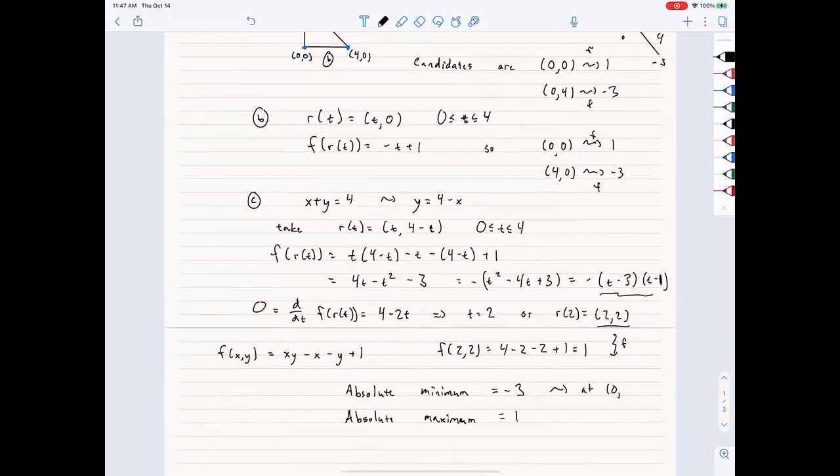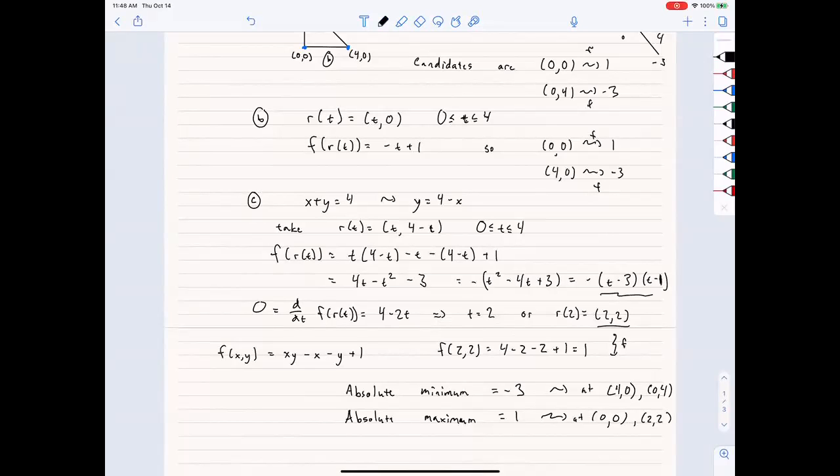If you're asked in a problem on an exam to find the absolute maximum, the maximum value of a function, you go ahead and give the maximum values and minimums. If you're asked where these are achieved, then you have to actually tell whoever is asking. So the minimum is achieved at 0, 4 and 0, 0, 4, 0, whereas it achieves the value of 1 at 0, 0 and 2, 2. So it's achieved twice in both cases.